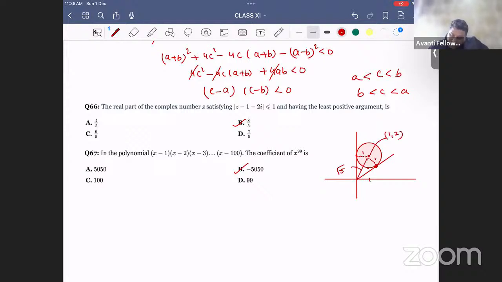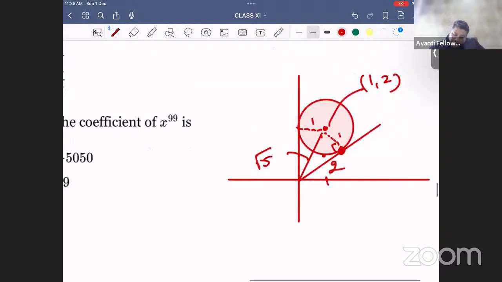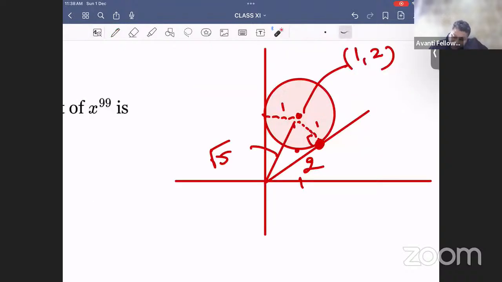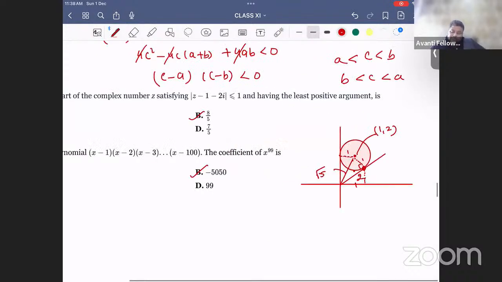So this is root 5, this length is what? This length is going to be 2. Got it? This is 1. This is root 5. So this has to be 2. Now drop an altitude from here. Am I clear?